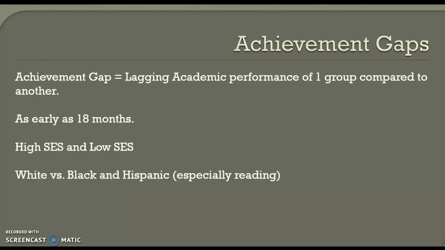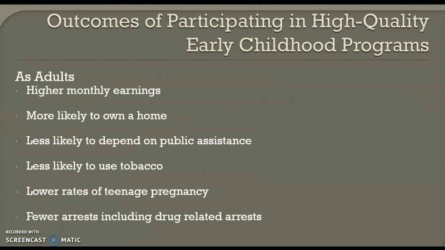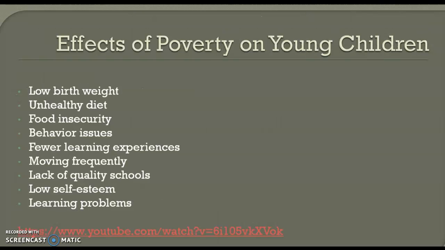So one of the things that we have to do is make sure that we are getting families living in poverty connected to those high quality early childhood programs. We go back and look at these effects of poverty. A few other things need to be highlighted here. So families living in poverty tend to be isolated, meaning that they don't have a lot of resources.